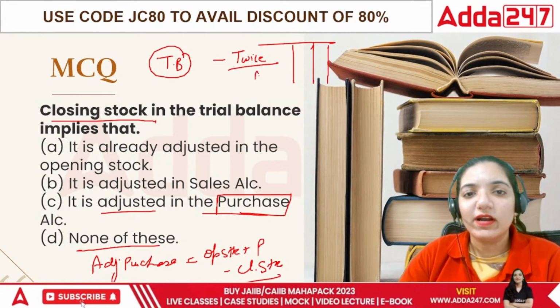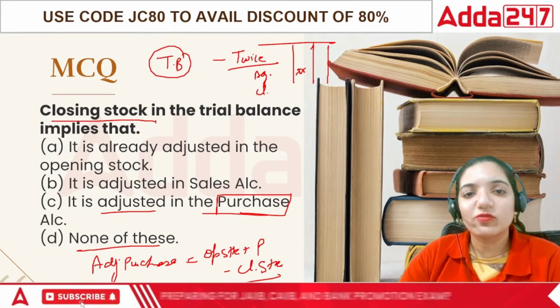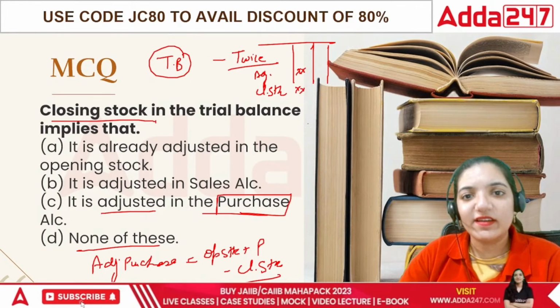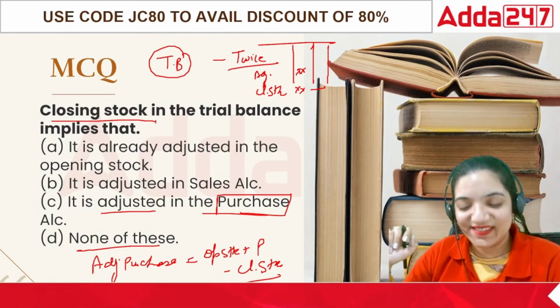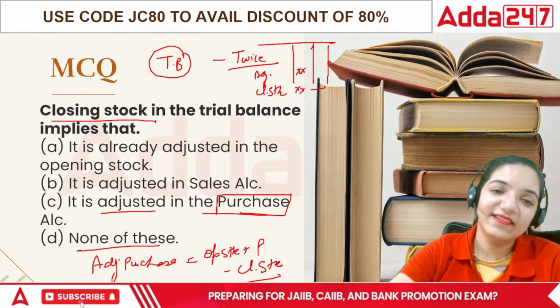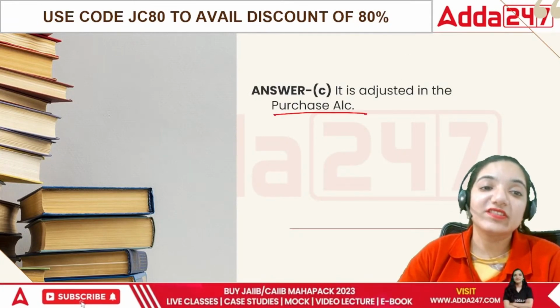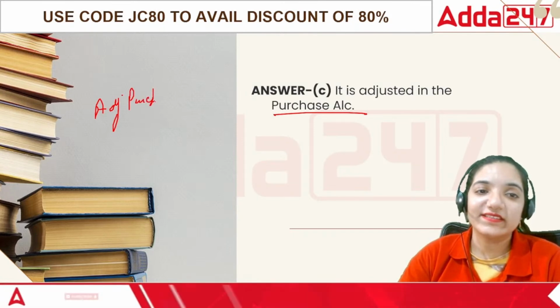We will show adjusted purchases here and we will show the closing stock here. So one time the closing stock is deducted and one time it is added. So the ultimate effect will be 0. Adjusted in the purchases, and such purchases in which it is adjusted is called adjusted purchases.